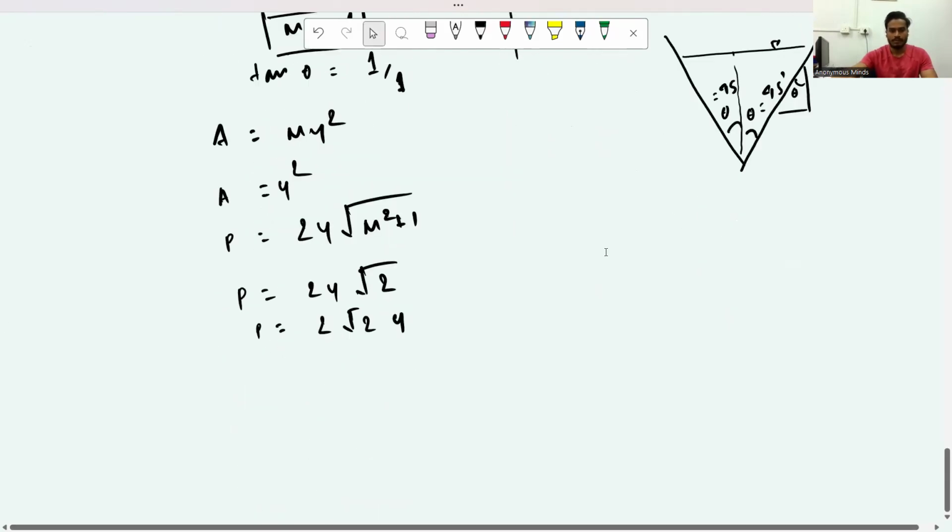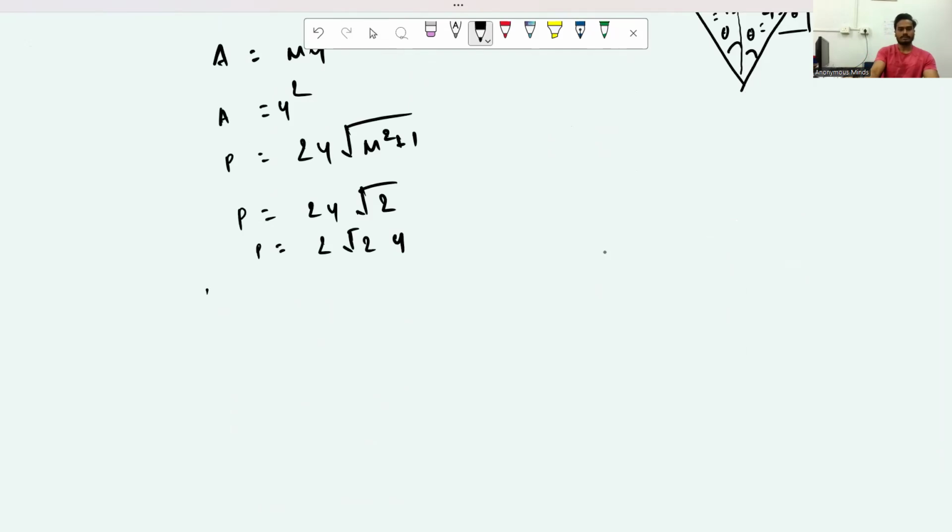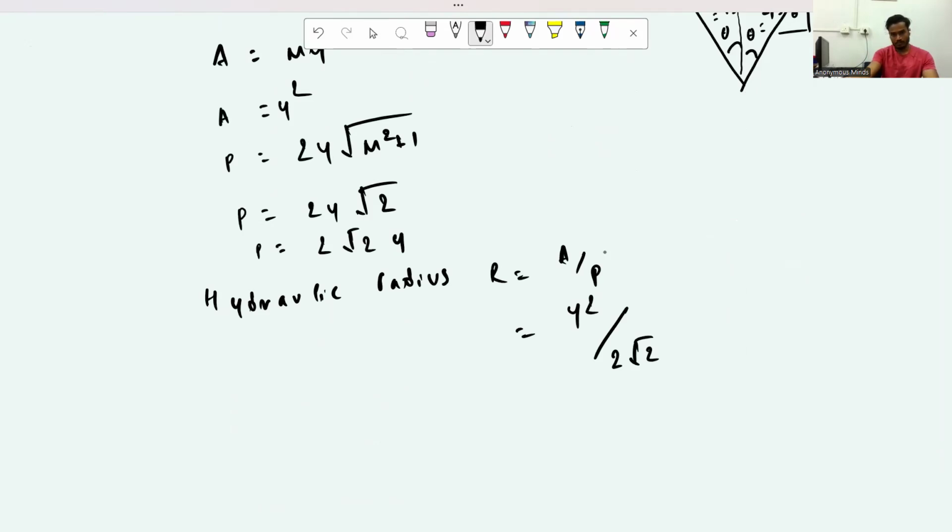Also, let's calculate the hydraulic radius. Hydraulic radius R is equal to A upon P, which will be equal to y square upon 2 under root 2 y. Let's cancel out y and y. So R will be equal to y upon 2 under root 2.